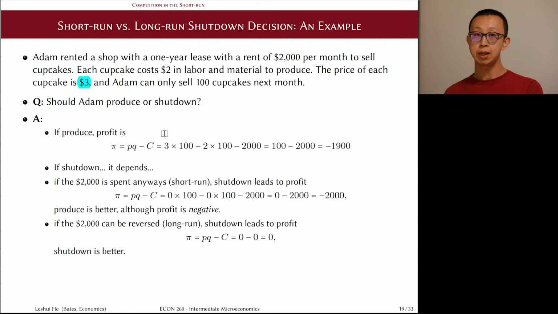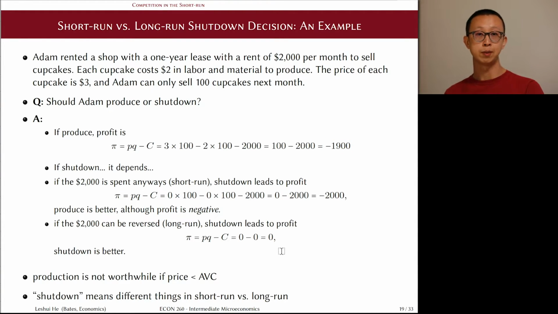Should he still operate? No, because by not producing, he pays no rent and no variable cost at all. That leads to a zero in the profit, which is way better than negative 1900 by production. So choosing shut down or Q equal to 0 is better.